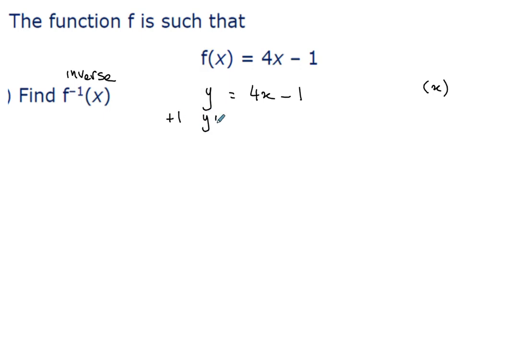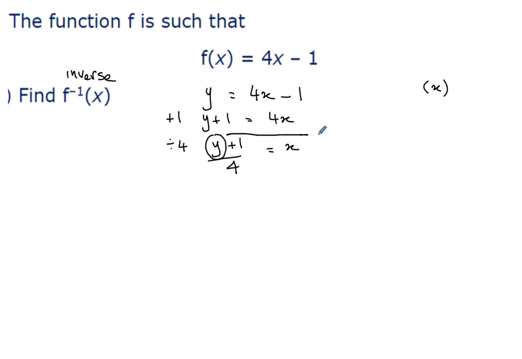So we've got y plus 1 equals 4x. x was multiplied by 4, so we divide by 4. So we've got (y plus 1) divided by 4 equals x. As simple as that. Now, wherever you've got your y, you change that back to an x.